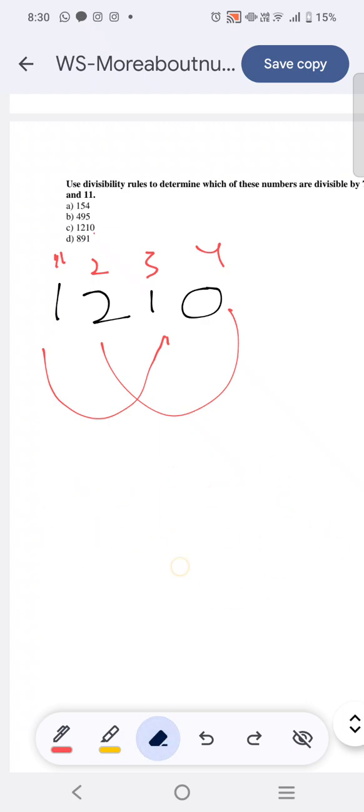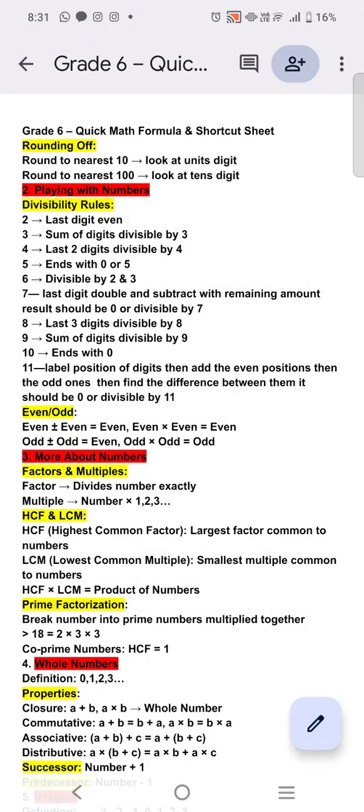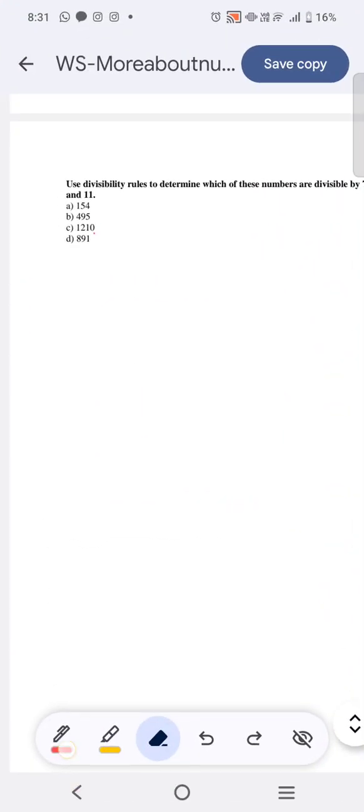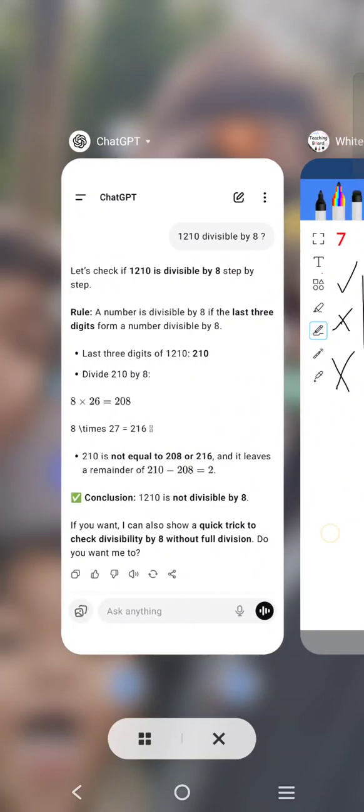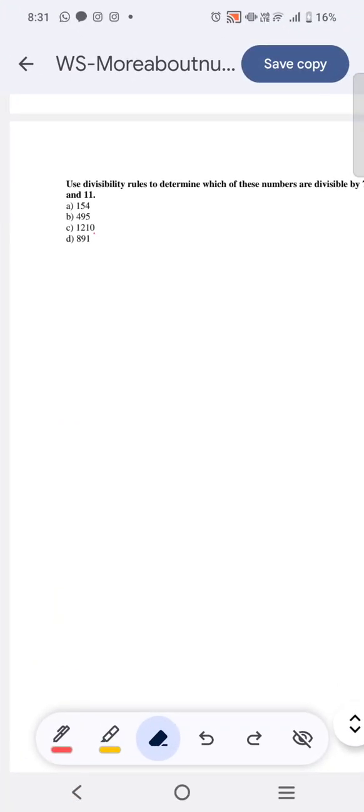Now we have to find out the difference between them. Am I right? I think I am. Okay, yeah, difference between them. So for that you'll have to do 2 minus 2, which is 0. So that's it. It is divisible by 11. So now let's do the next number, which is 891.